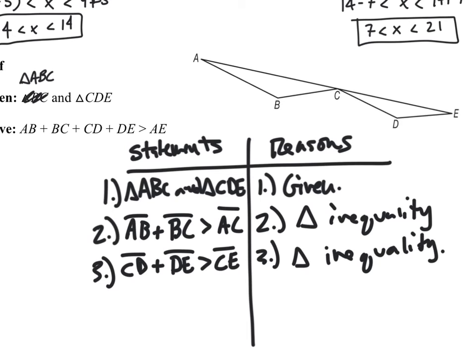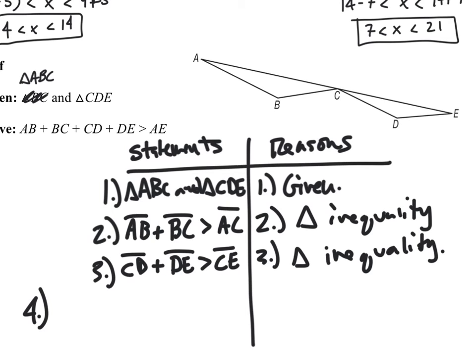Okay, now is the tricky part of putting it all together. So here's what I want to do. I just want to add all of these things together, okay? And so what I'm going to do here on this fourth step is I'm going to add these two pieces together, okay?